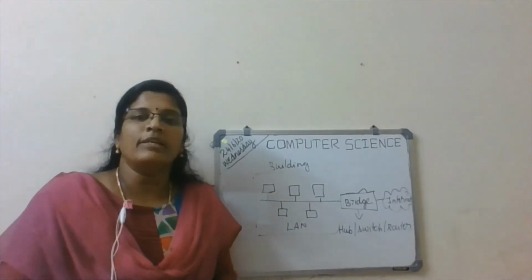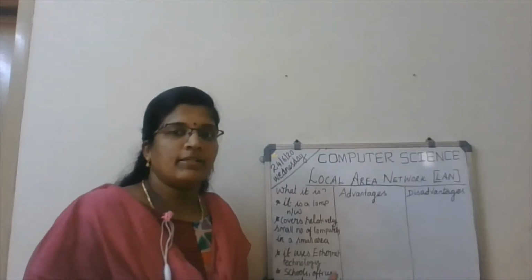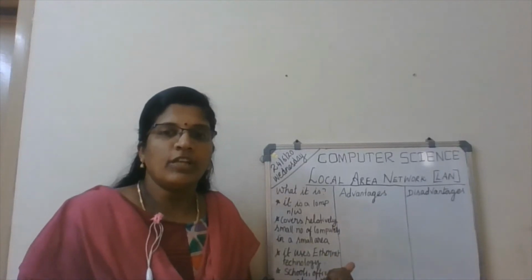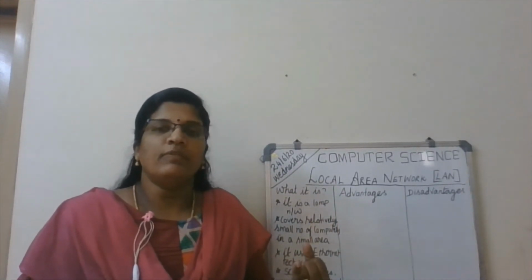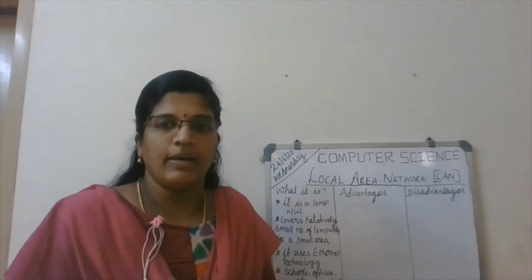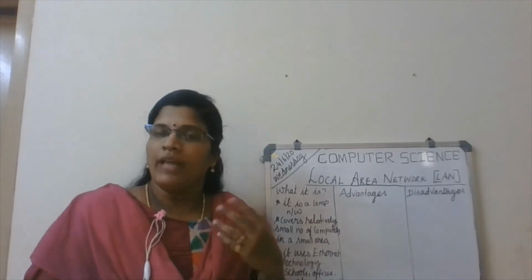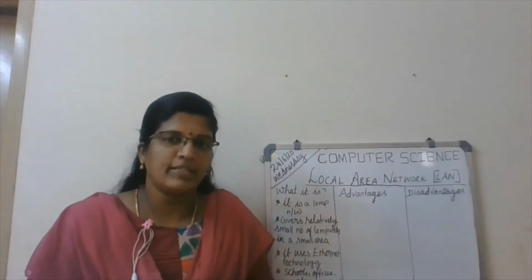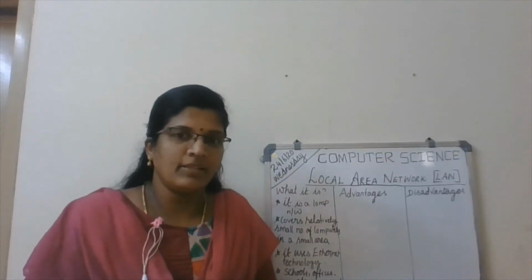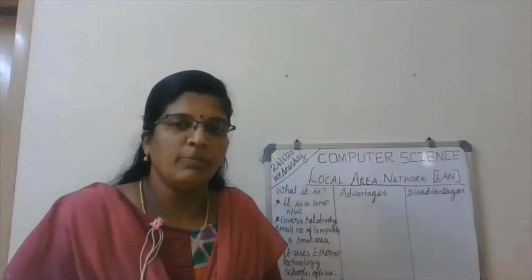Now let's see what are its characteristics. Characteristics of LAN. Can you tell me from these points? Yes, it covers a relatively small area. Within this building we can connect it. Then we will have better quality in communication. We can connect multiple devices to share the transmission medium.